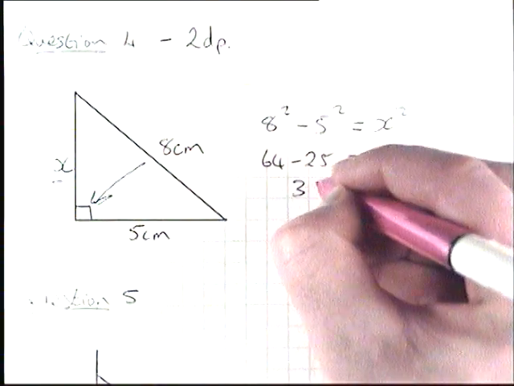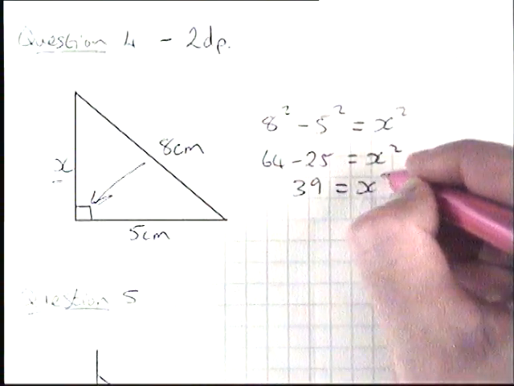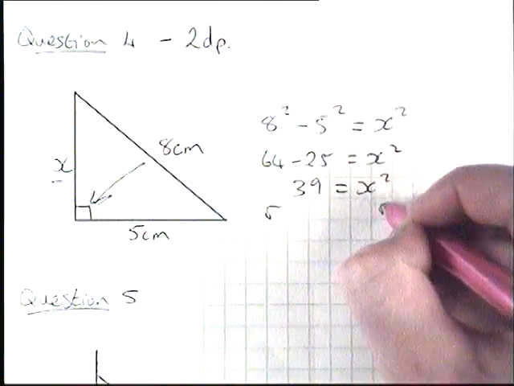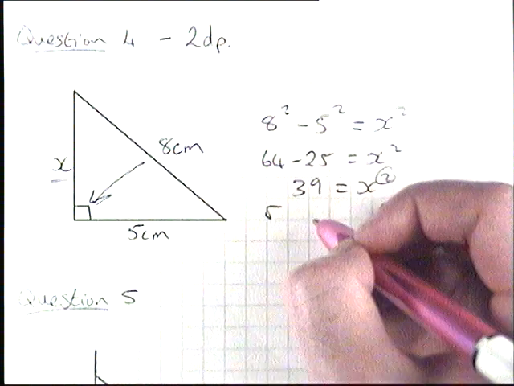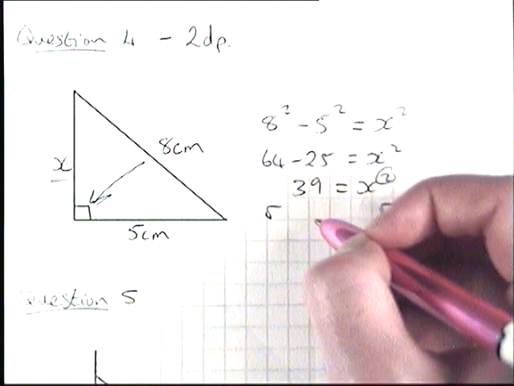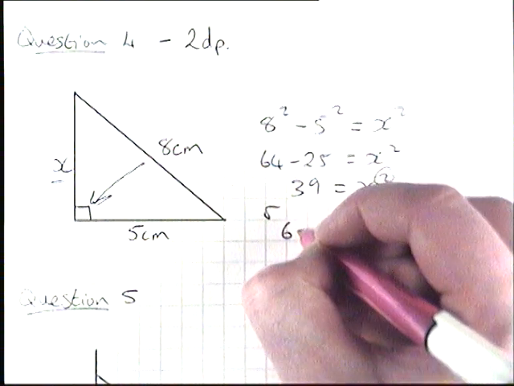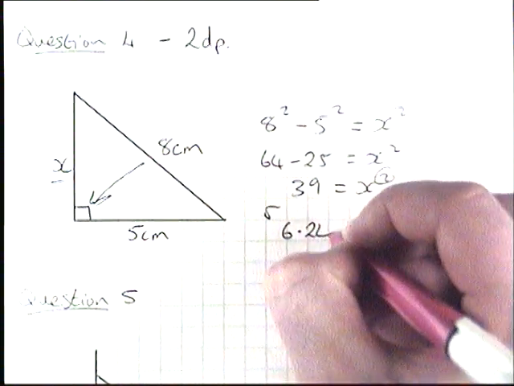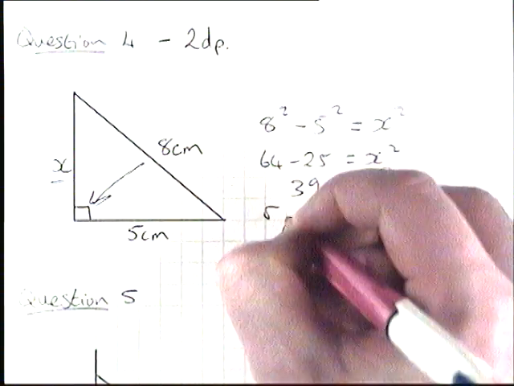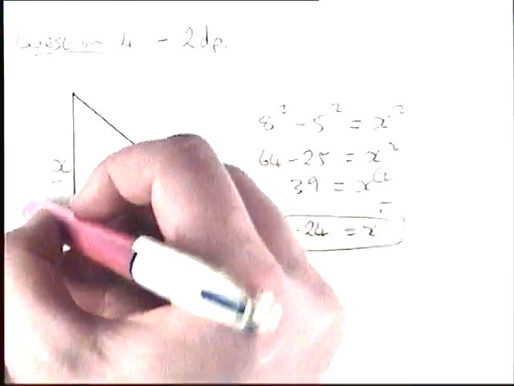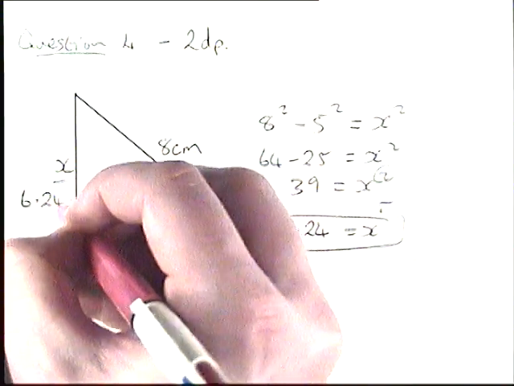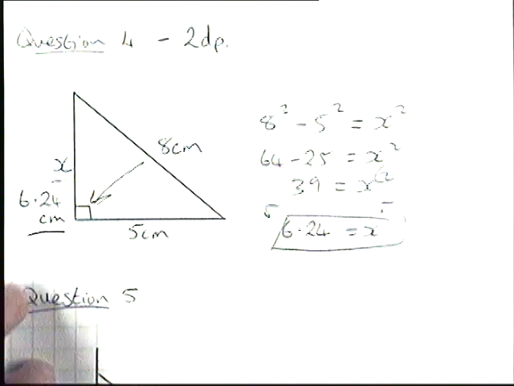So we've got 39 equals x squared, and again we're going to square root both sides to get rid of that square, and the square root of 39 to 2 decimal places is 6.24. So we can say that x equals 6.24 centimeters.